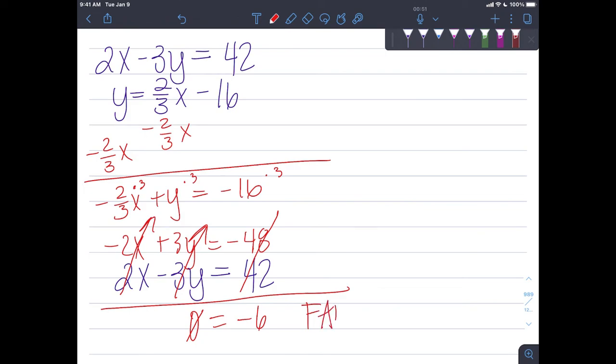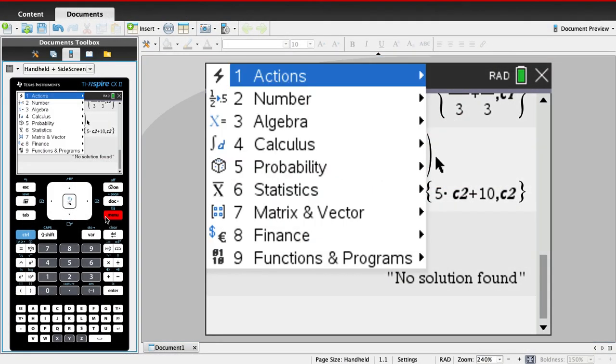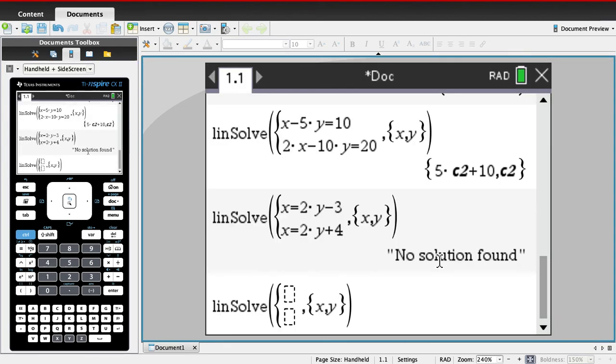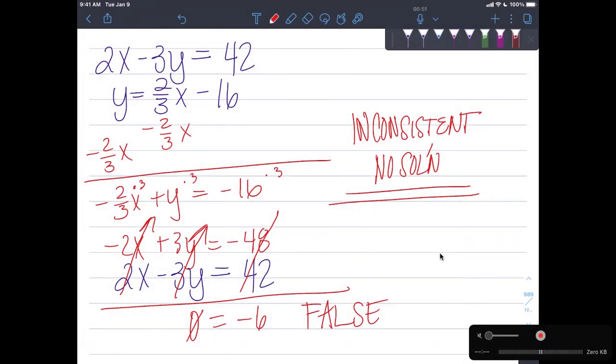Another false one. This is an inconsistent. No solution. So let's verify this with my calculator. No solution found. Exactly what I found as well.